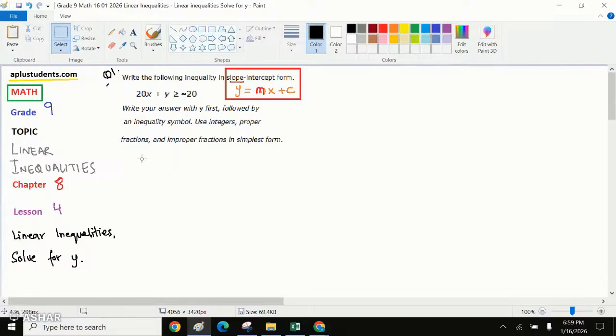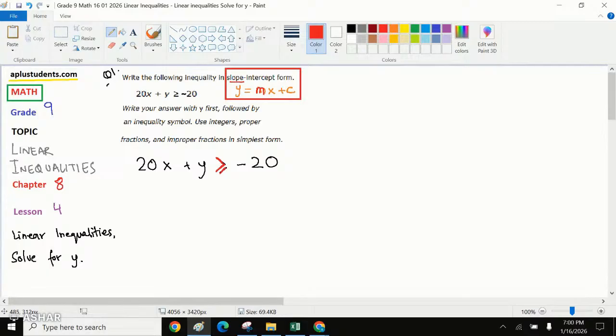So the inequality given to us was 20x plus y is greater than or equal to minus 20. How can we say it's greater than or equal? Because the open end of the sign is always facing the larger value, right? Or we can say minus 20 is less than or equal to 20x plus y.